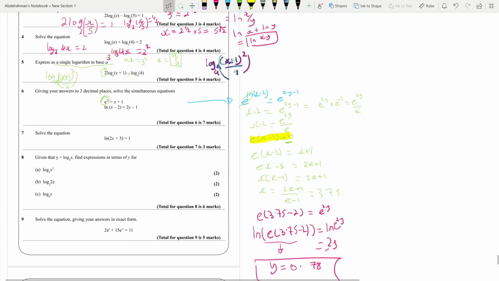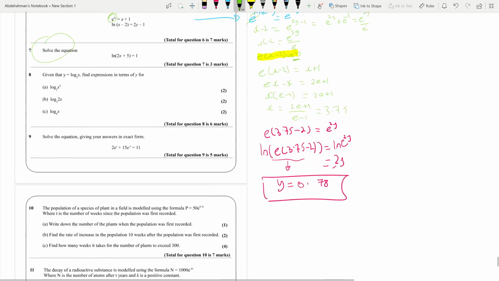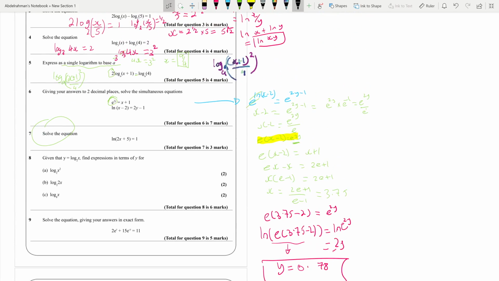Okay, so now we have question 7 here. Sorry, let's use black. Let's use this one. New color. Okay.